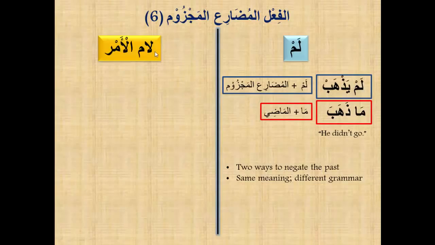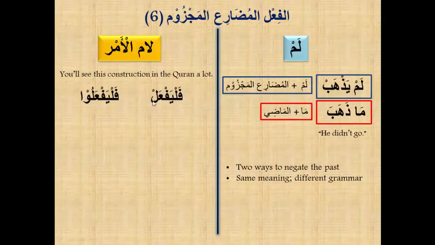What does lam al-amr mean? This is a very common construction you'll see in the Quran. Fal yaf'al, fal yaf'alu. Now this entire phrase is actually a collection of three different components. There is a fa in the front, and then we see that lam with the sukun, and then yaf'al.